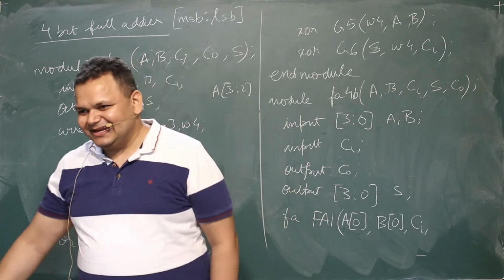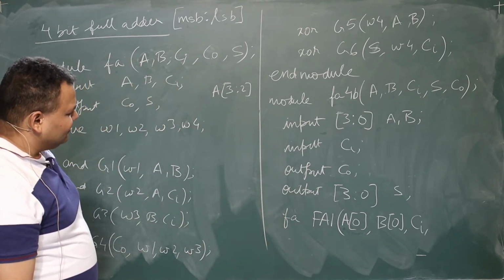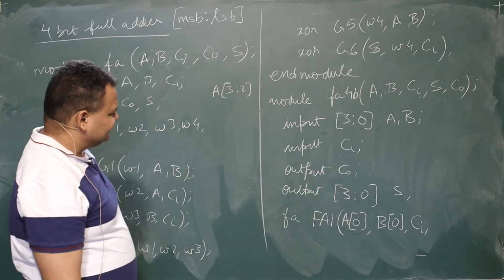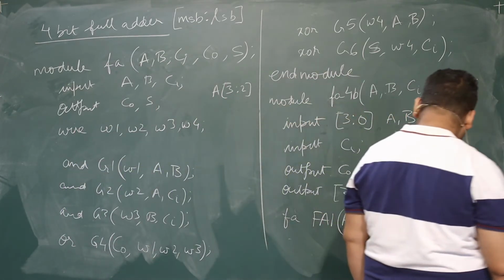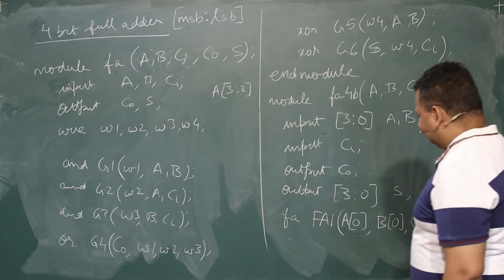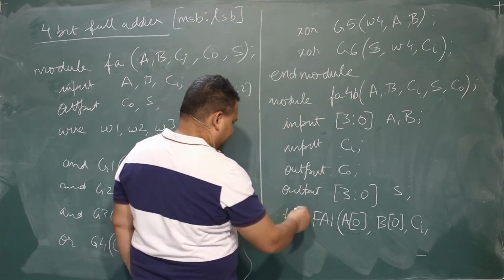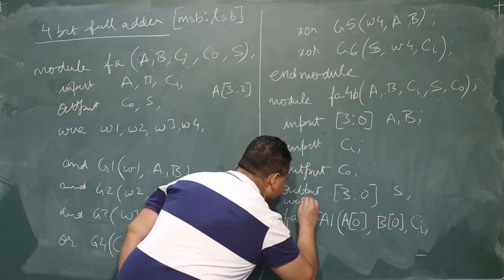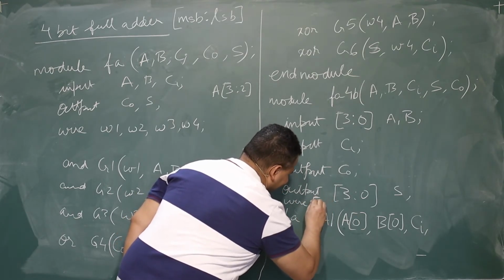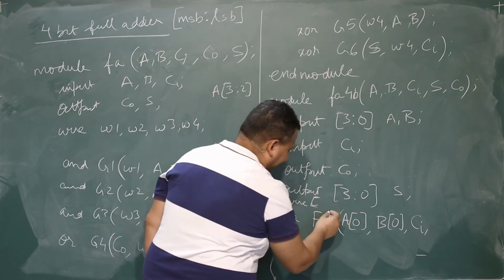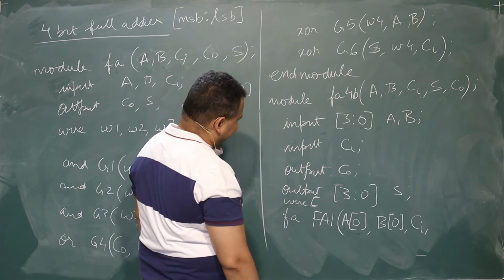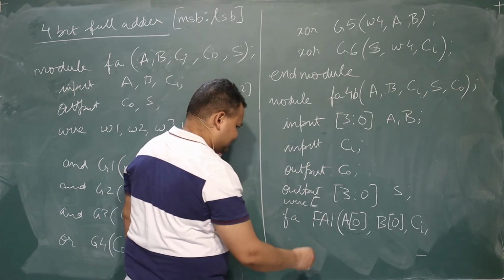Yes, sir. We'll need to create a wire. How many such wires do we require? 4. Let us say we require 4. So let me define a wire. No, sir, we require 3. Yeah, I know, but just to maintain consistency, let us say we require 4.